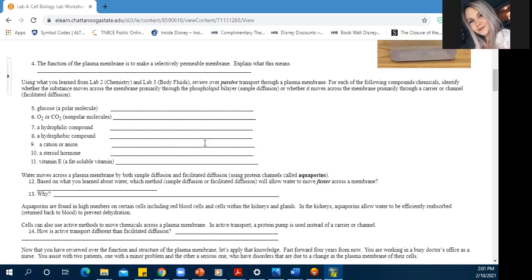So you're right, ions are not polar. That's a great distinction, but they do have a charge. So they mix well with water because water has both charges. Anything that has polarity, like a sugar or an amino acid, or anything that has a charge in general, will be under the water soluble heading, which would be facilitated.